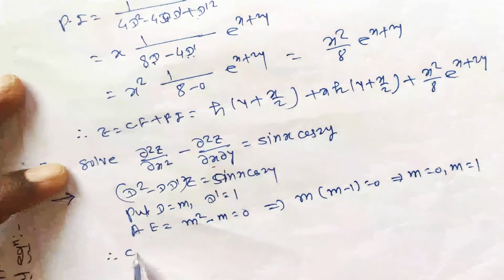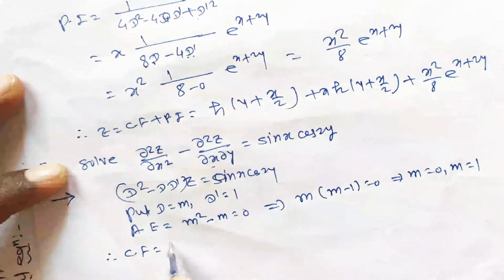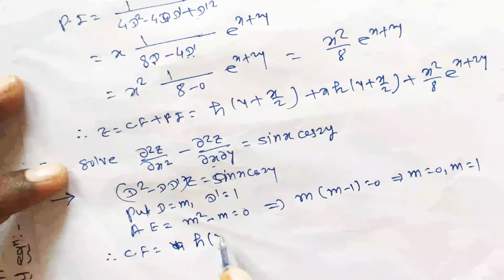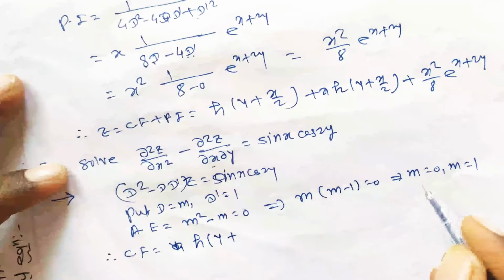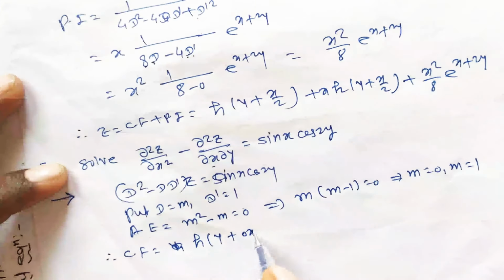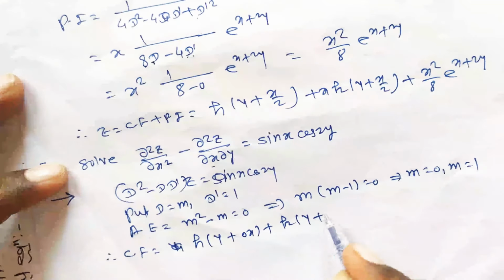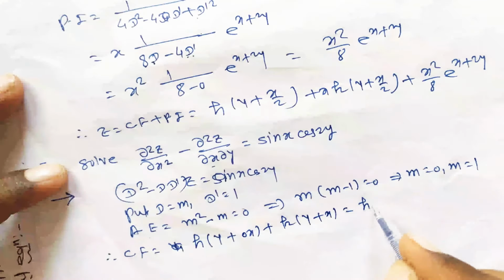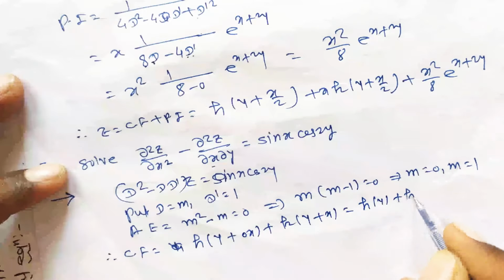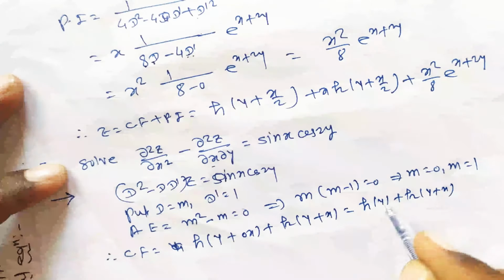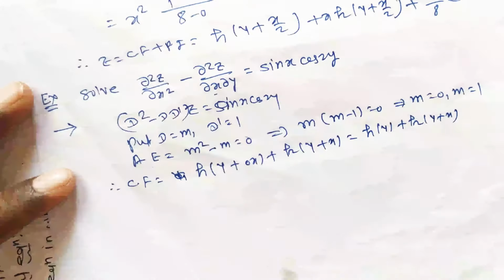Therefore the complementary function is f1 of y plus m1 x, so m1 is 0, plus f2 of y plus m2 x, which is f1 of y plus f2 of y plus x. So this is the complementary function.